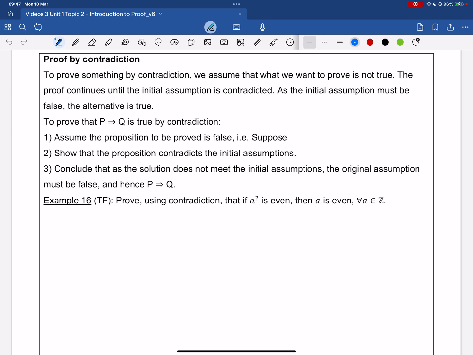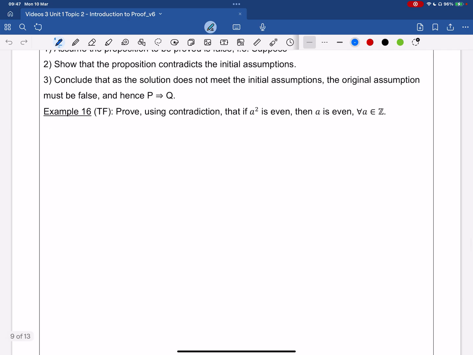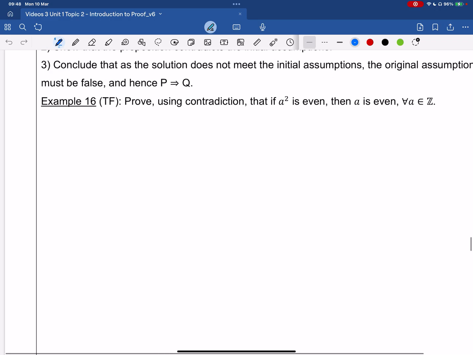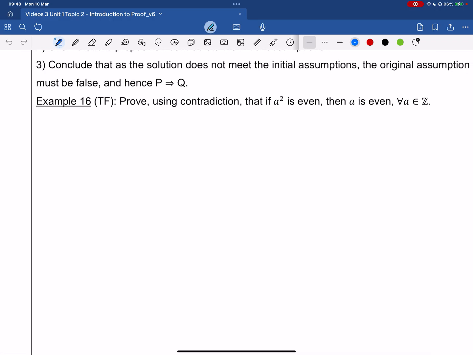Let's have a look. It says, prove using contradiction that if a squared is even, then a is even for all values of a in the integers. All right. So we start off, and this is a formal proof, so it's going to have a structure to it.